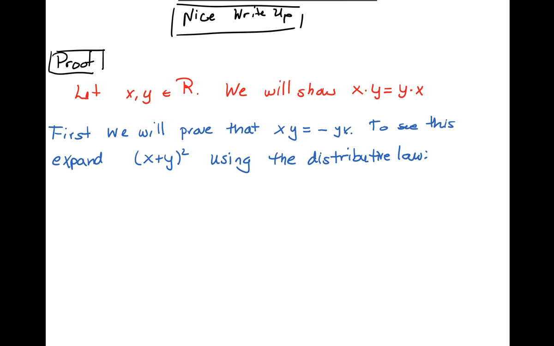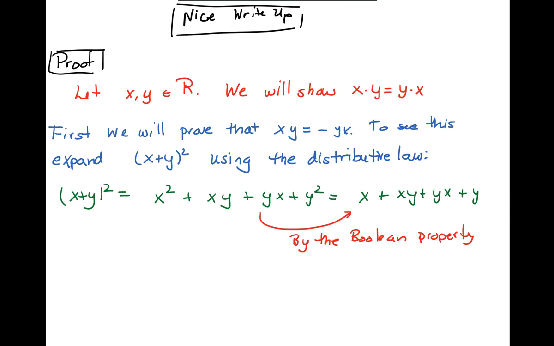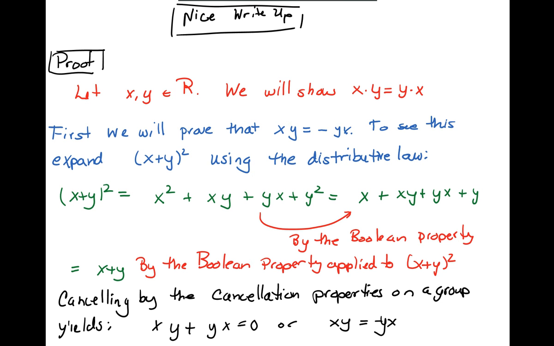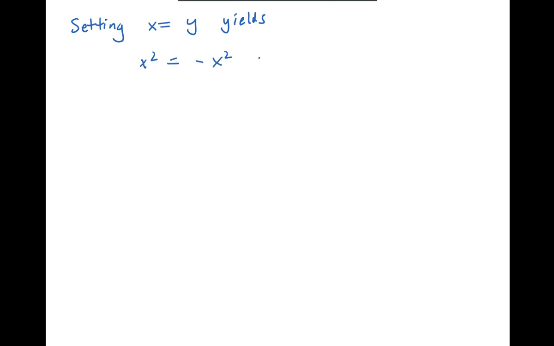x plus y squared is expanded with the distributive law, and by the Boolean property we have the following, which is x plus y with the Boolean property applied to x plus y squared. Just walking them along. And again, by cancellation properties in a group, we get xy is minus yx.